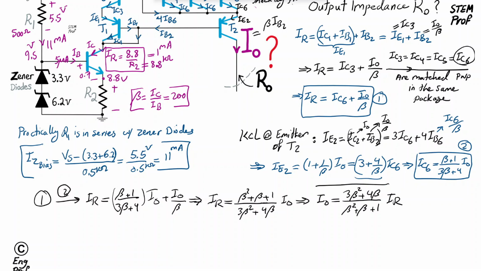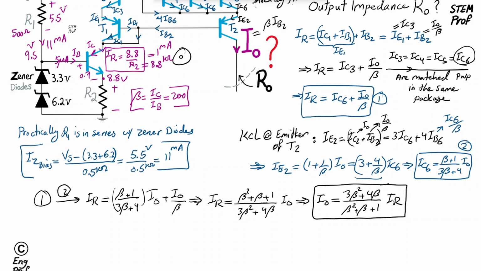So there you go. We found the practically accurate formula for the definition of the output current I out, the source current, as a function of the reference current, which then we can use the substitution from, say, equation 0 here. So it's 8.8 divided by R2.